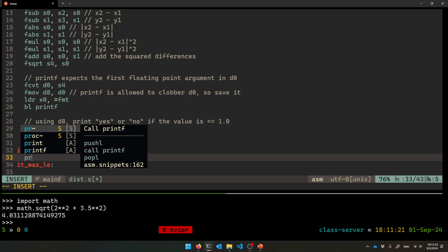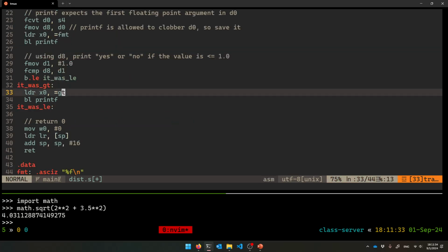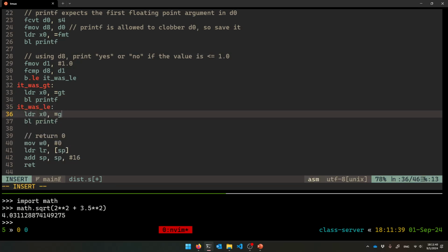That'll be a BL printf, and then give a string that holds the idea that it was greater than. I'll just call it GT. And I'll do the same for this one. I'll call it LE. And I think that will be that.